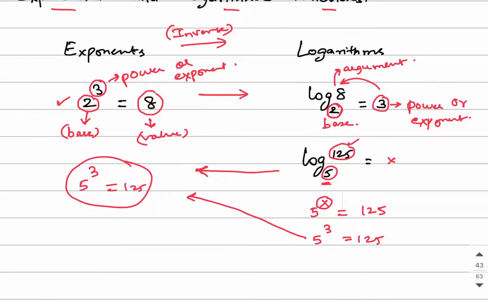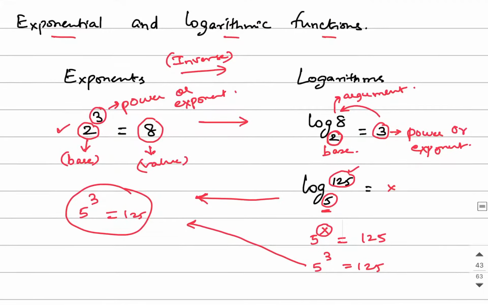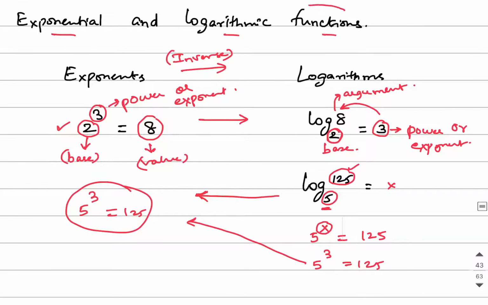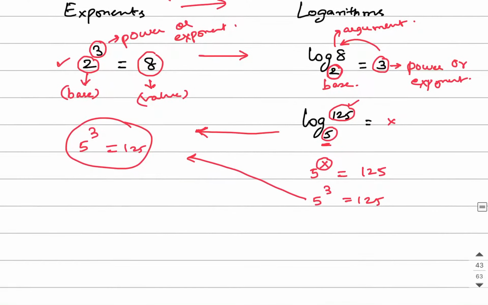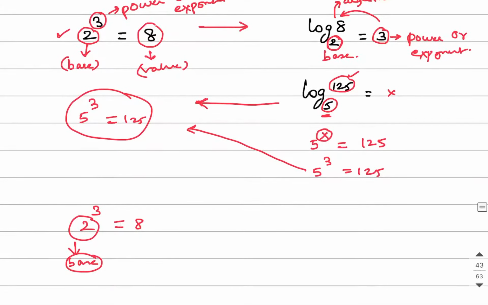So what we can conclude from here is that exponents and logarithms are inverse operations of each other. Now we are going to extend this concept to functions. Here we have taken fixed values, right? If I have 2 power 3 is equal to 8, this 2 I am calling the base. Let's say there is a fixed value a assigned to the base.